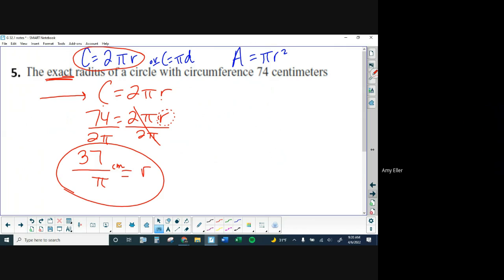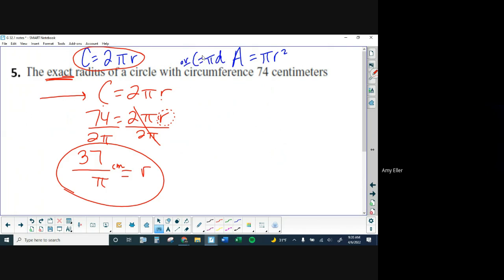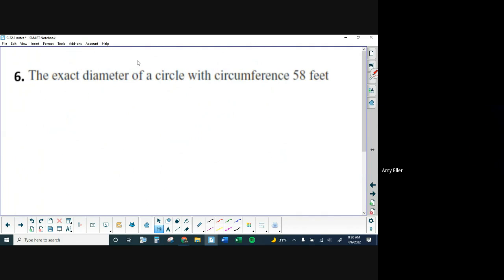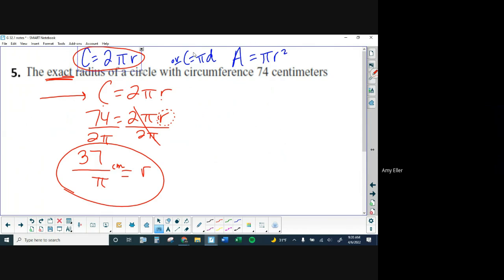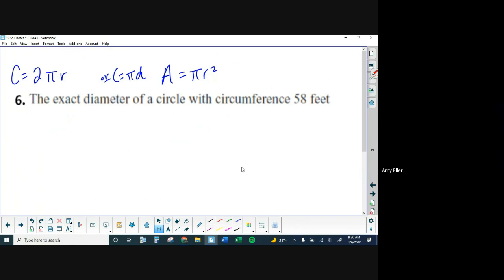Let's try number 6. And the exact diameter of a circle with circumference 58. I'm definitely going to use this formula because it has circumference and diameter.